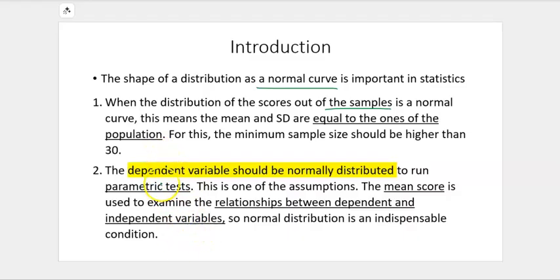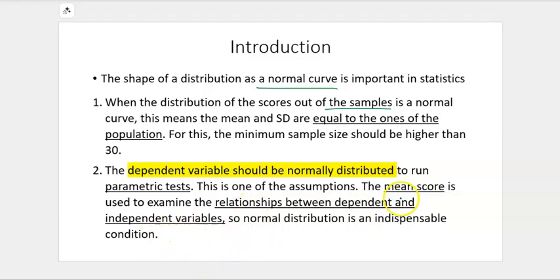And also the dependent variable should be normally distributed when you do inferential statistics like many analyses. That is a parametric test that requires the assumption that the dependent variable should be normally distributed. That's why it's important to have the normal distribution. And then the mean score will be used to examine the relationship between the dependent and the independent variables.